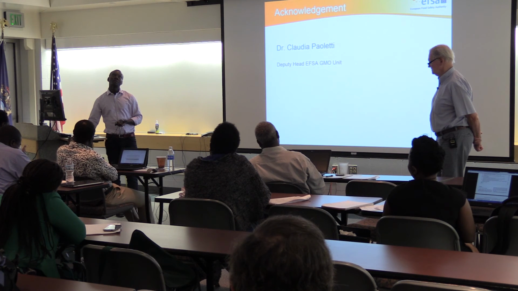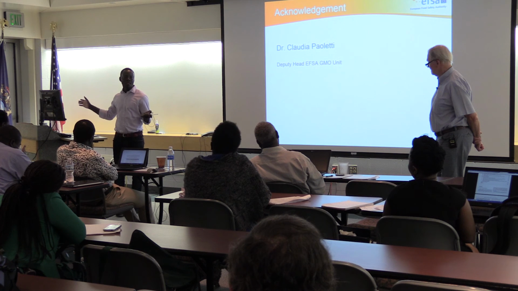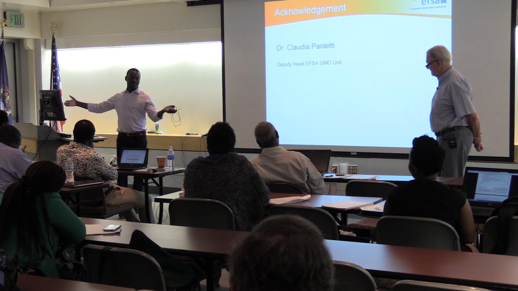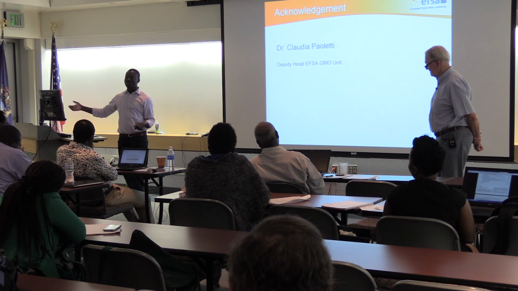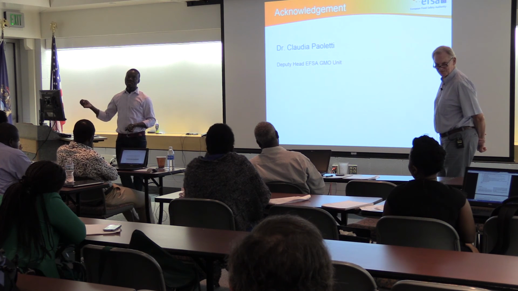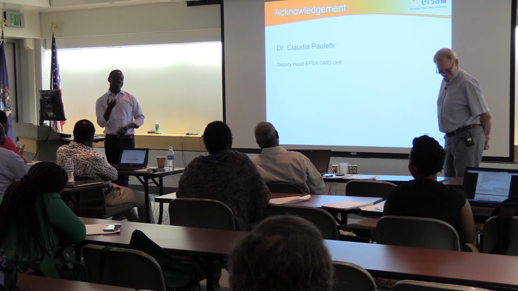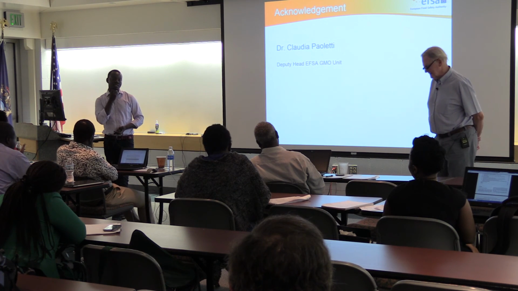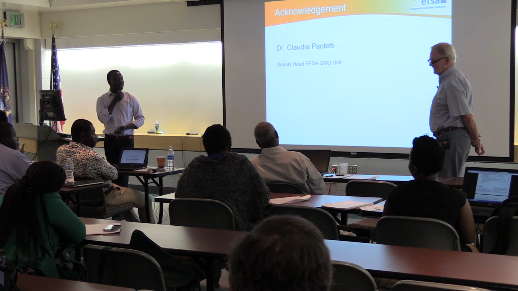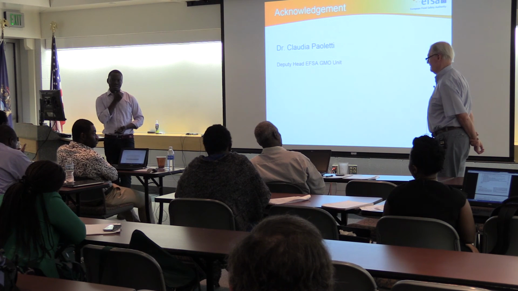I tried to estimate what hectarage of maize field we need to cultivate to be able to get gram quantities of Cry protein in a particular event. Forget it. It's just not possible.